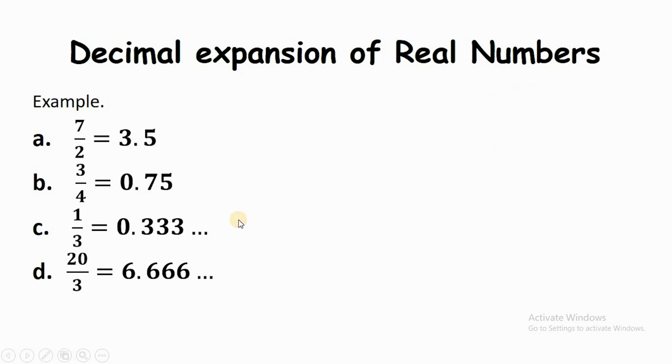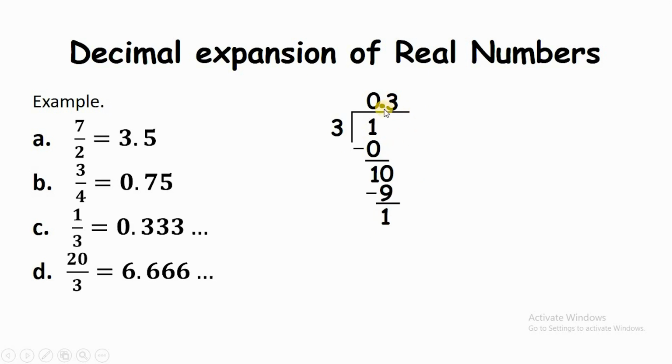Now in the next example C, that is 1 by 3 is equal to 0.333. Let's check this. Here again numerator 1 is divided by denominator 3. When you divide it, 3 0s are 0, and subtract, you'll get 1, and then you put a point here and add a 0, it becomes 10. So 3 3s are 9, and then you'll get remainder 1. Again you'll get remainder 1 over here.